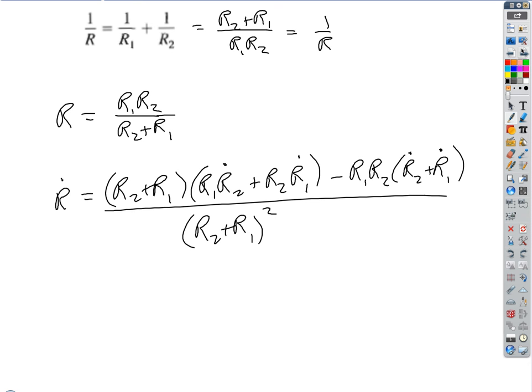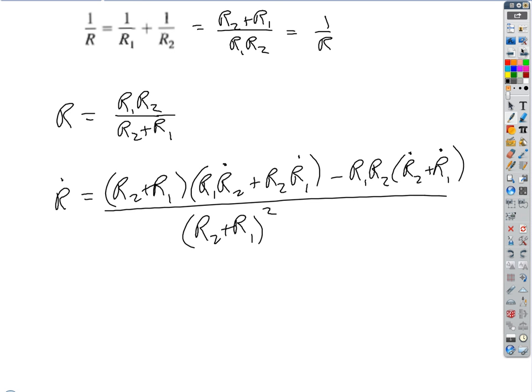Can you get rid of the R2 plus R1, can you get rid of that? You could do some algebra here, but I wouldn't, because you run the risk of making a mistake, and this is going to end up being a numerical answer anyway. At this point, what I would just do is plug everything in.